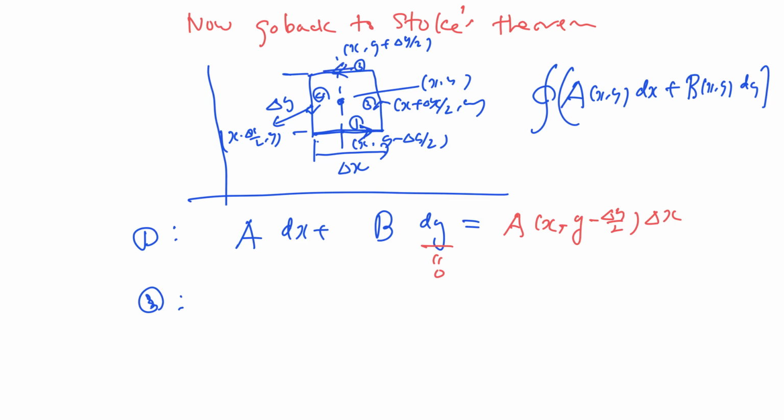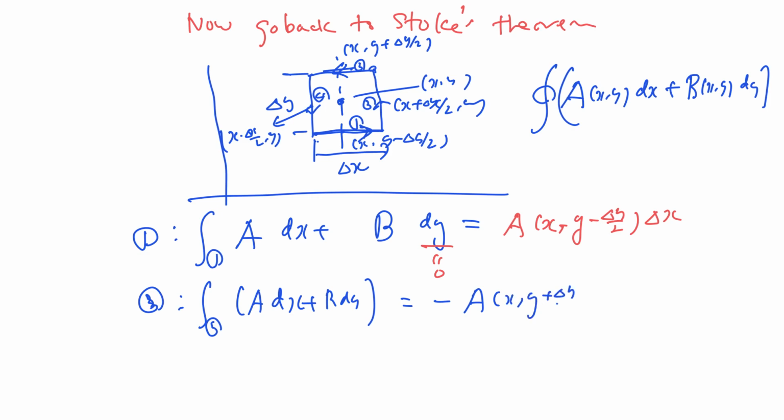So we have minus dx. Again, a dx plus b dy is minus a(x, y plus delta y over 2) delta x, right?